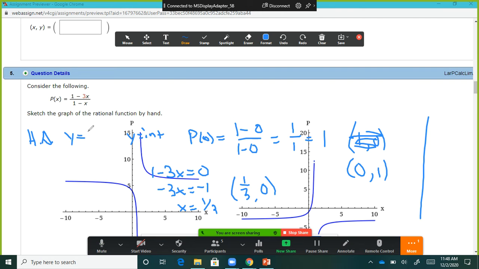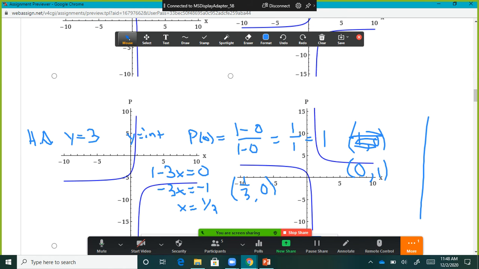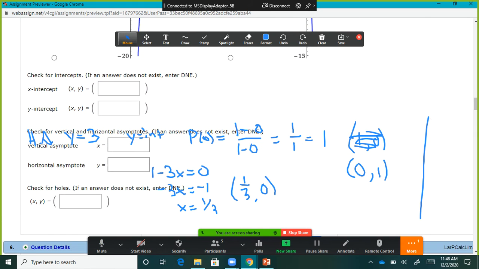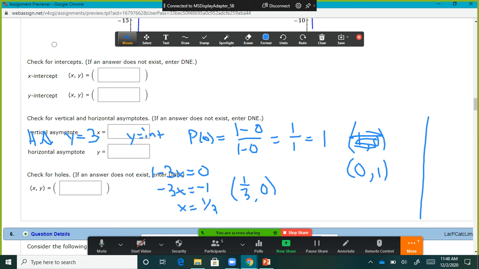Y equals 3, which if we double check with our graph that we said was correct, y equals 3, right there is the horizontal asymptote. So right there, horizontal asymptote, I'm going to put y equals 3, check for holes, does not exist. There are no holes. Okay? So that's how we're going to step through that.